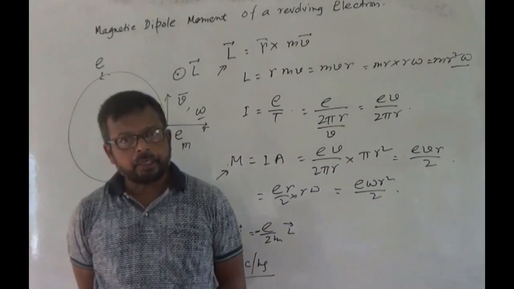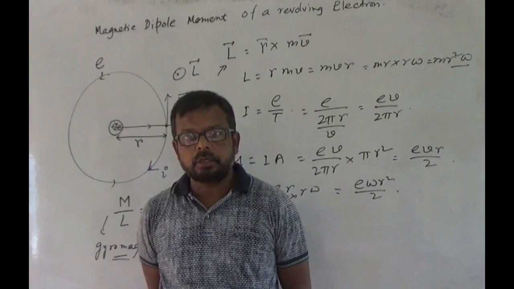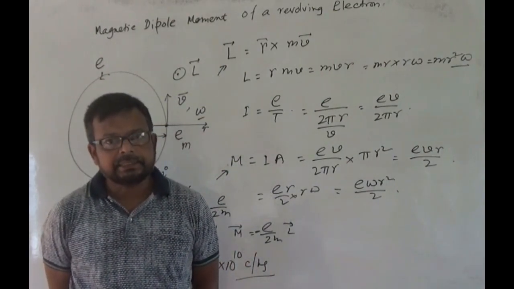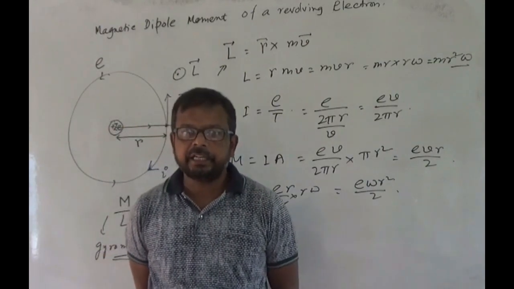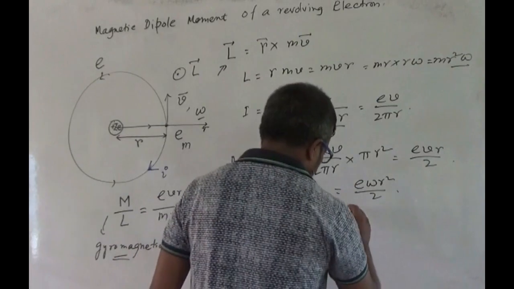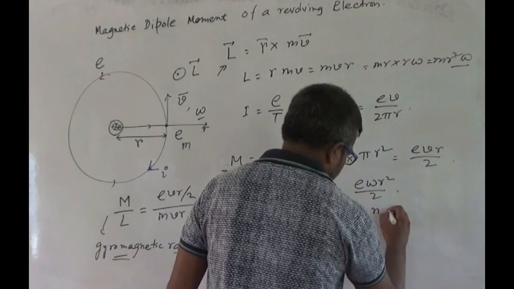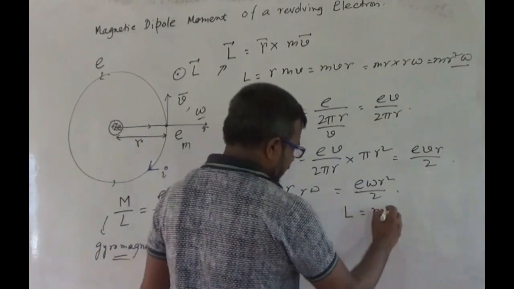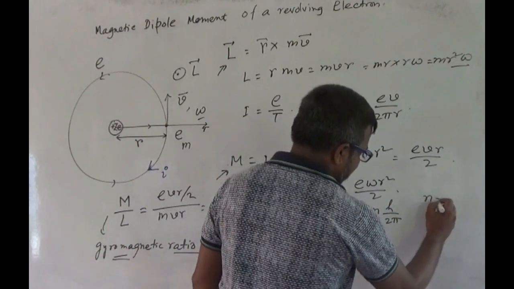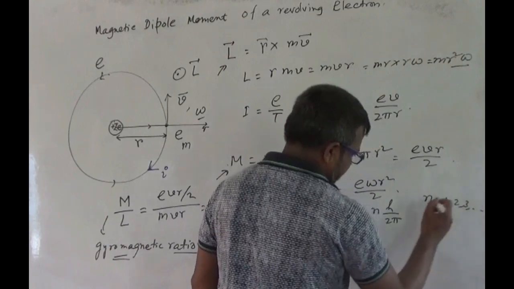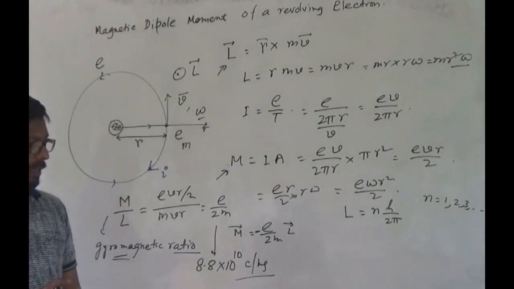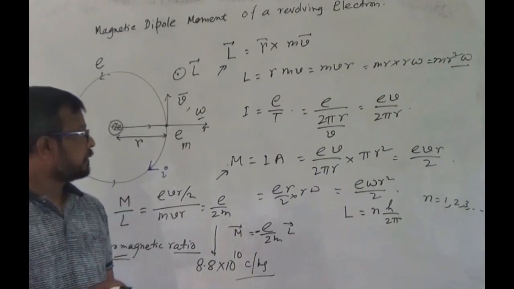According to Bohr quantization law, angular momentum of an electron is integral multiple of h by 2 pi, right? According to Bohr's postulate or Bohr's quantization law, we know that angular momentum L is n into h by 2 pi, where n is an integer 1, 2, 3, etc. h is called the Planck constant. We know that.